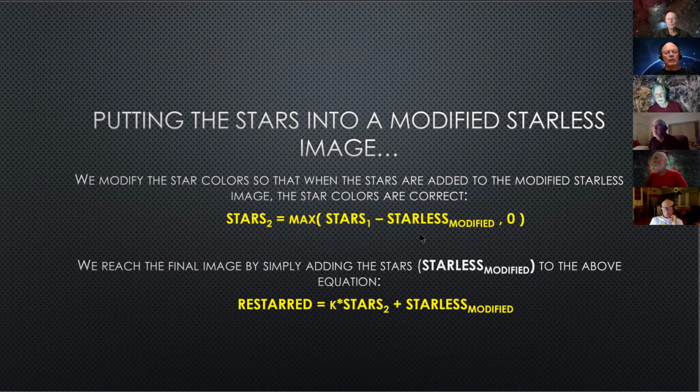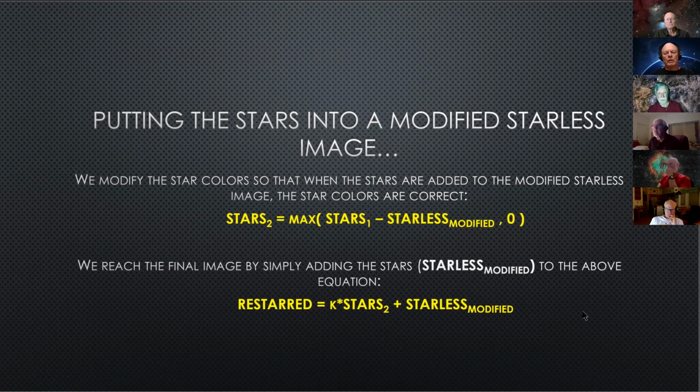So we reach a final image simply by adding the stars to the above equation and say that the restarred image is some arbitrary factor that boosts the intensity of the stars, times the stars that we've modified twice now, so stars 2, plus the starless image, and that'll get us back there.